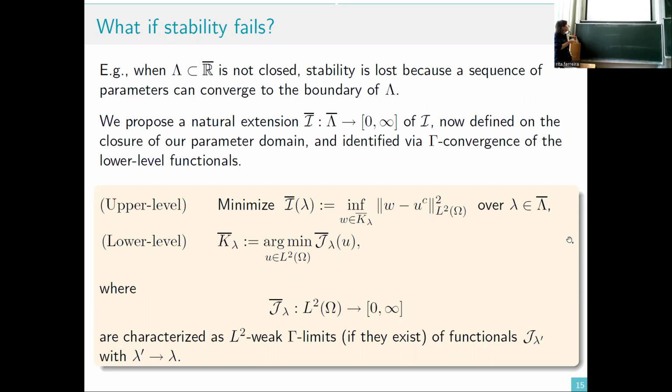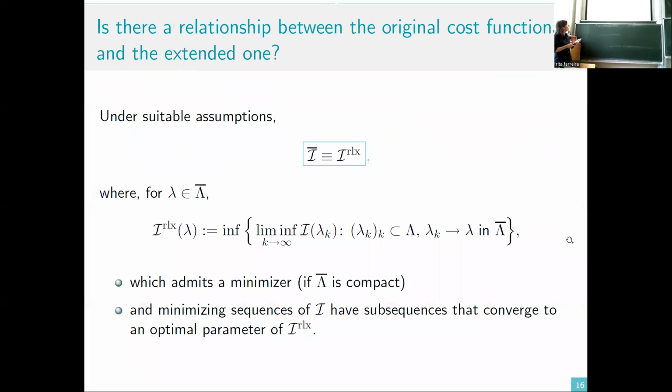We extend them, then we look to the minimizers as before, but now there is a bar, there is a closure, because it is for this J bar. It is just as before. We collect all the minimizers, we have our cost functional, and then we want the optimal one. This is an extended bi-level scheme. And by construction, it turns out that this extended bi-level scheme does have a solution.